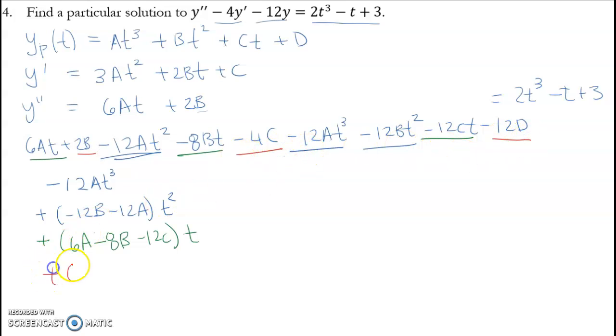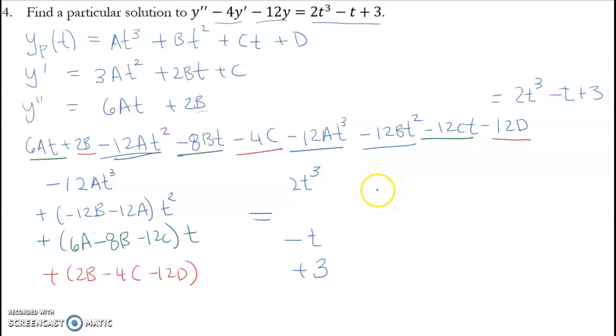So we have plus 2b minus 4c minus 12d. All right, so we have this equal to our right-hand side, which is 2t cubed, and we have 0 here. We have no t squared term, minus t plus 3.